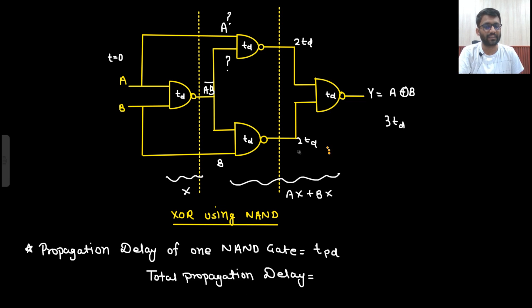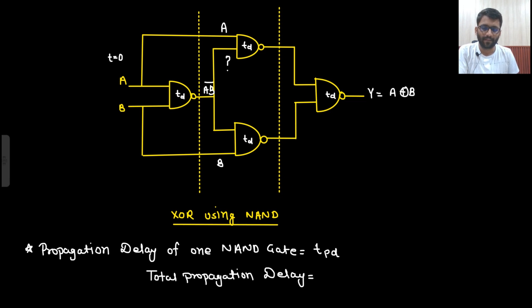So there are 3 levels, right? Level 1, level 2, level 3. There are a total of 3 levels. This also I can remove. So this is known as 3-level assembly.